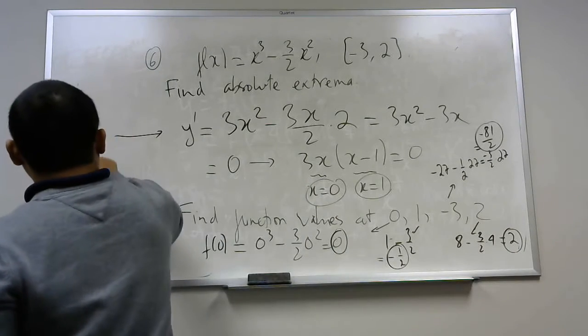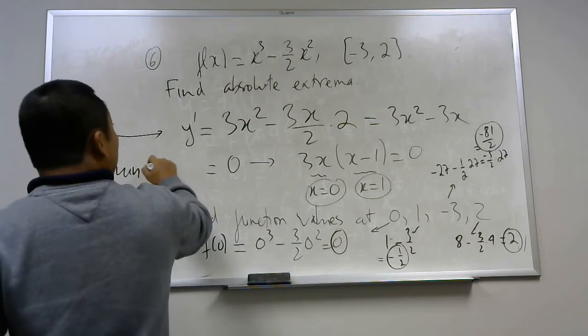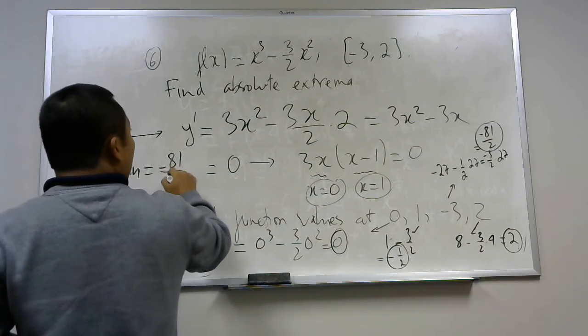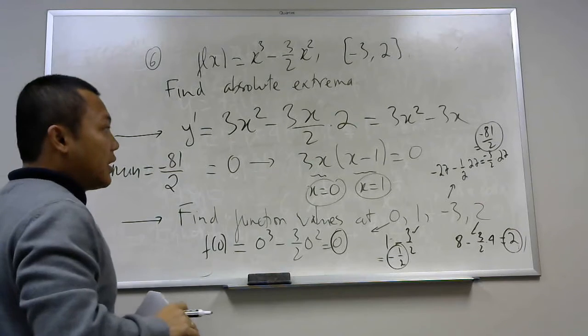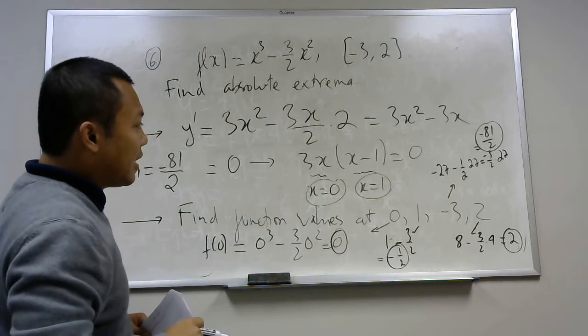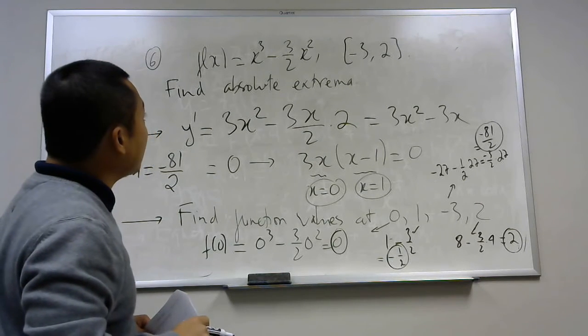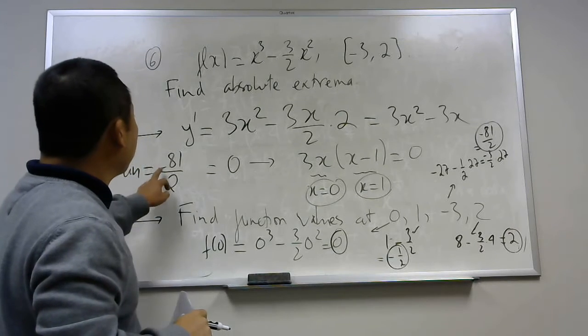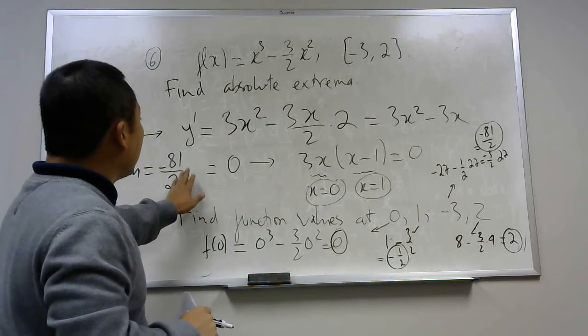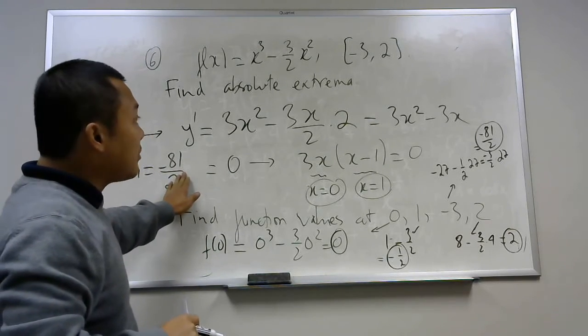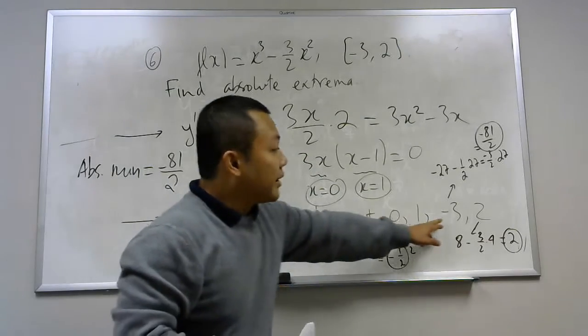The absolute minimum is -81 over 2. It's negative. I hope that my computation is correct. Yes, -81 over 2. And the function attains the absolute minimum at -3.